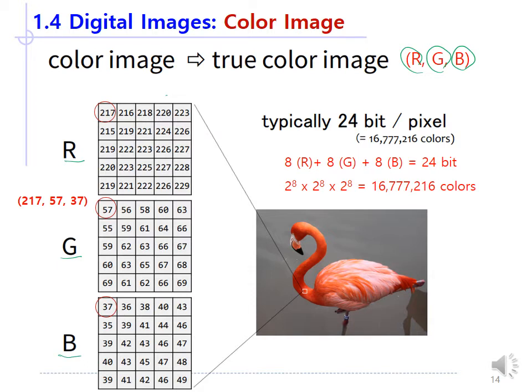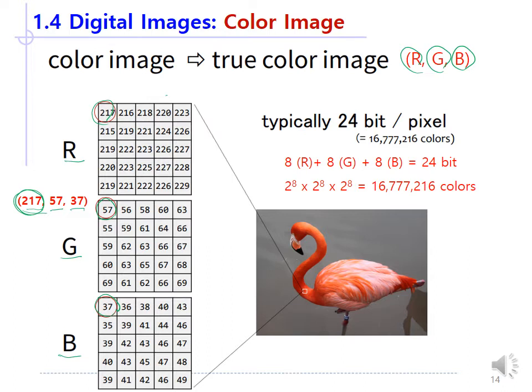So for this same pixel, it has 217 in red, 57 in green, and 37 in blue. What color is it? The red color is dominant, so you can see a very reddish color here.